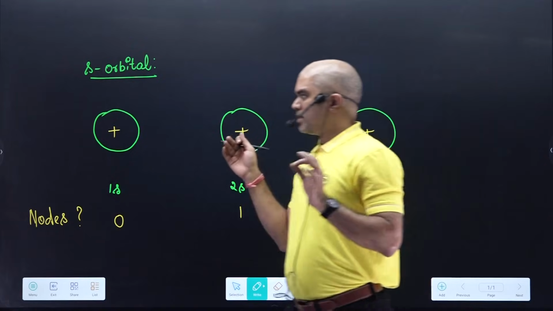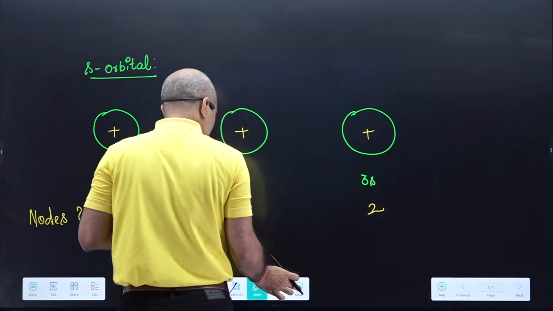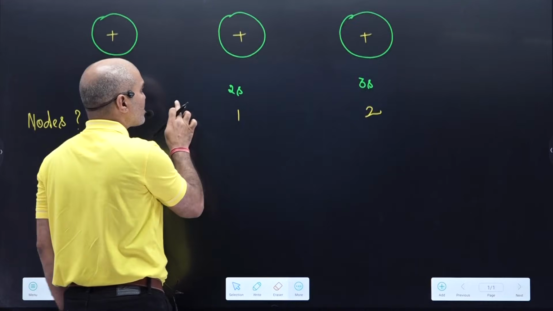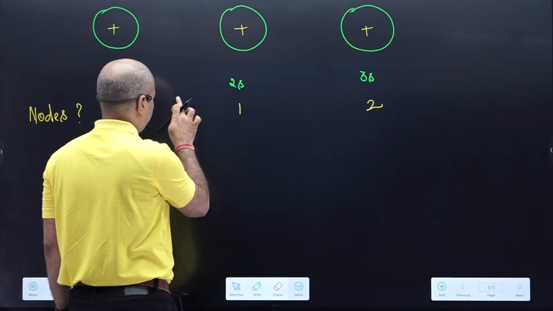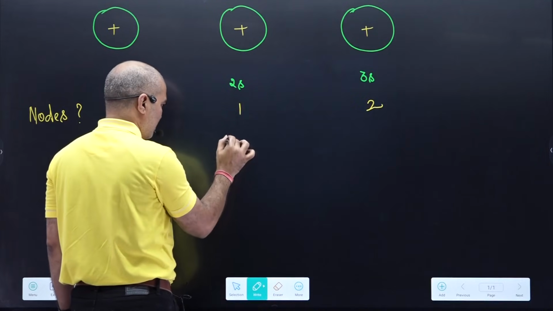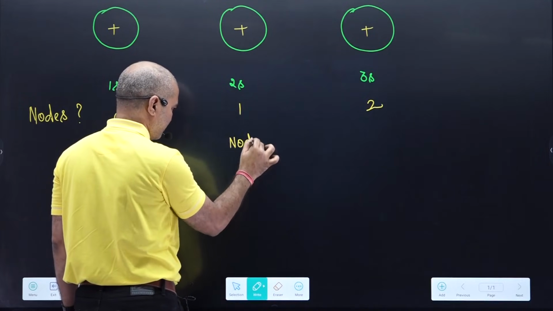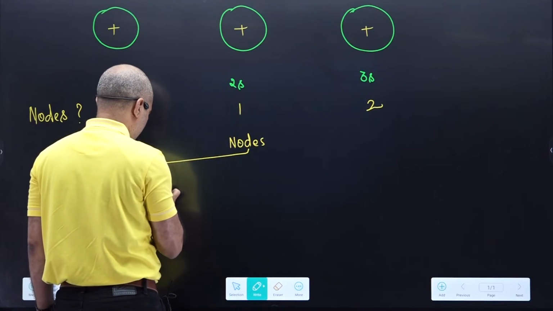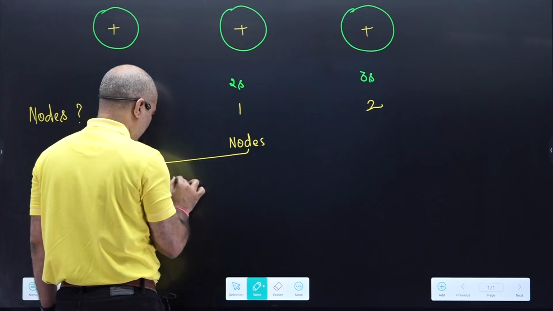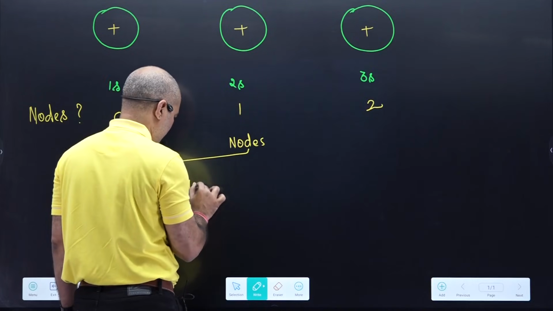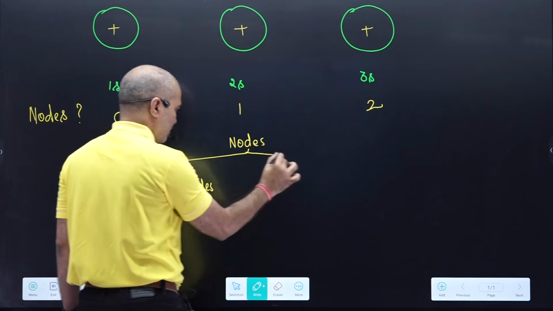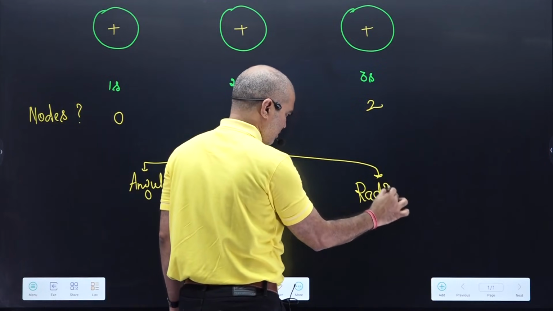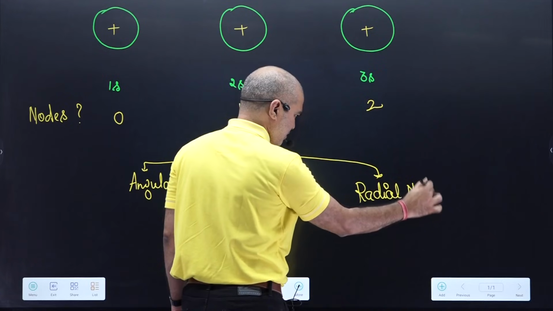So just write a point: there are two types of nodes, angular nodes and radial nodes.